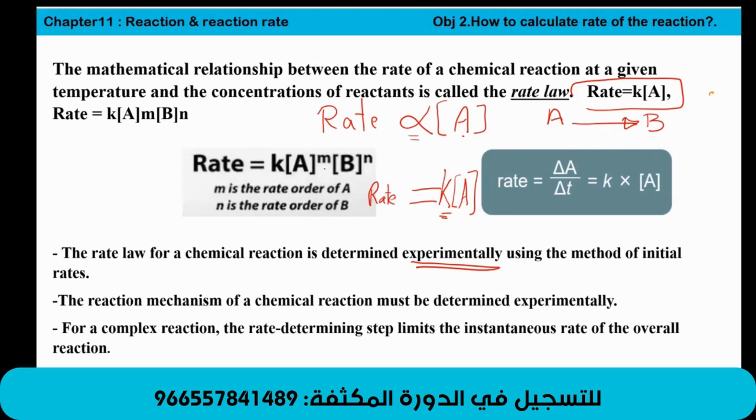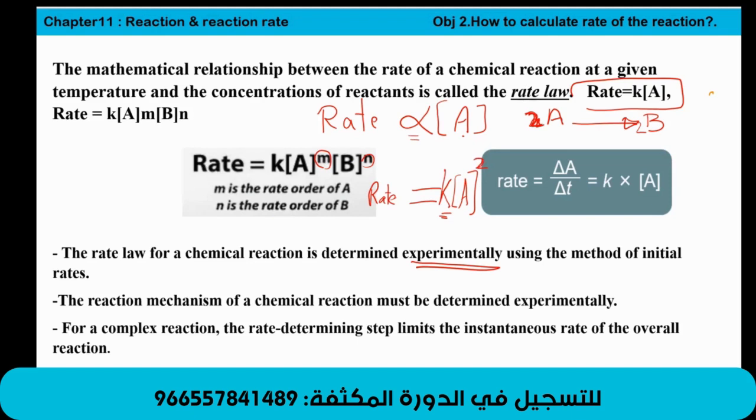Also, what does this number mean? Suppose I have 2 moles of A, and it will make 2 moles of B. So the rate, if you want to calculate the rate, equals K multiplied by A to the power of 2.